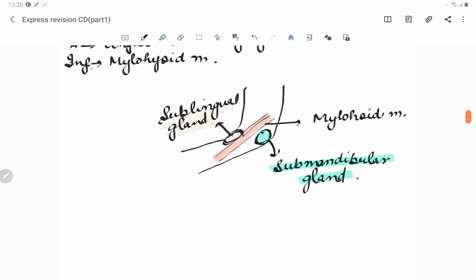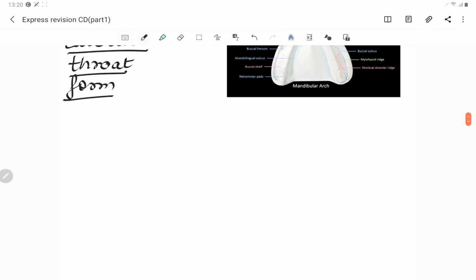So how deep is it? Again, we have to draw it. Suppose these are the premolars, then we have got the molars.